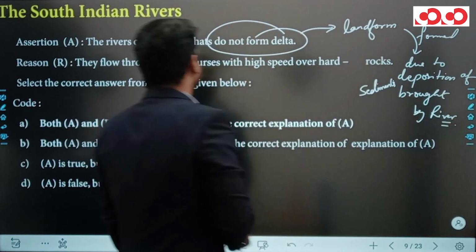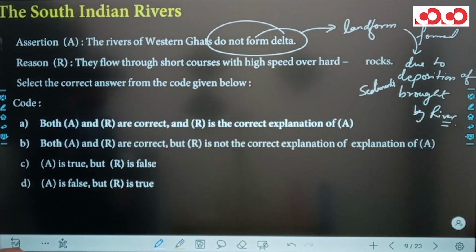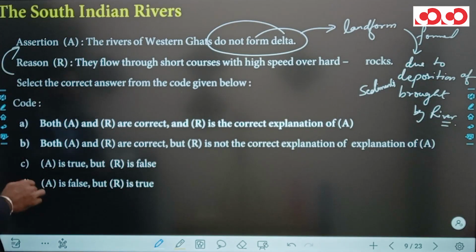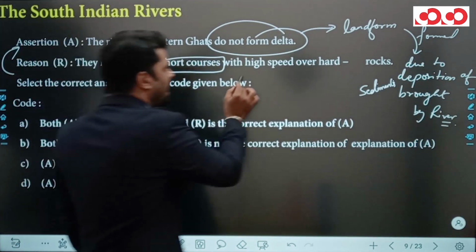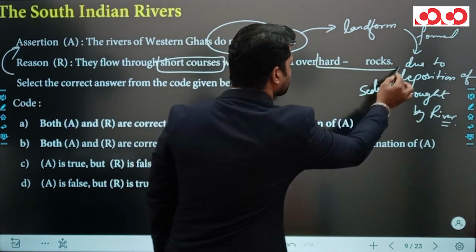Clear? So the assertion says rivers of Western Ghats do not form delta, and the reason for this assertion given here is they flow through short courses with high speed over hard rocks.